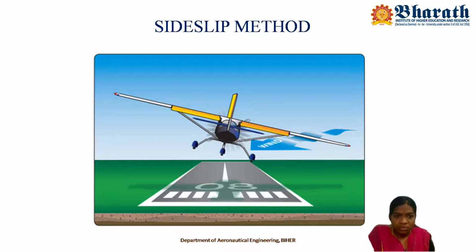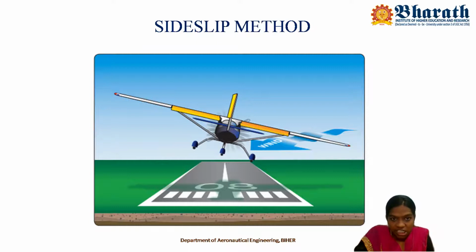Maintaining the wings level at all times, the pilot will typically point the airplane's nose into the wind and allow it to land safely in the crosswinds. So this is nothing but decrabbing. In decrabbing, he involves both methods of crosswind landing. So that's it.